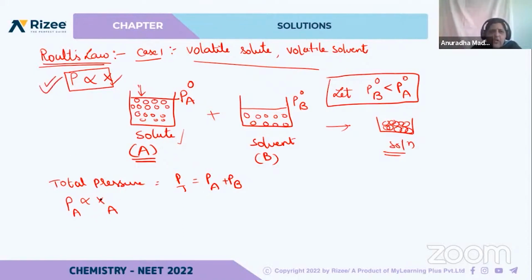This is for solute: PA is directly proportional to XA, the mole fraction of solute A. In the same manner, PB is directly proportional to XB, the mole fraction of solvent. Then what is PA? PA is equal to P0A XA, and PB is equal to P0B XB.